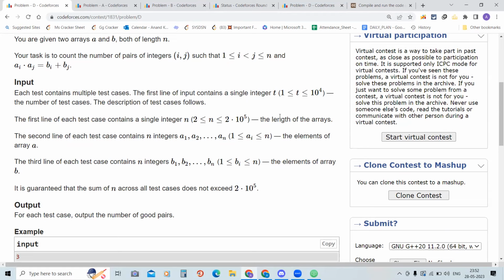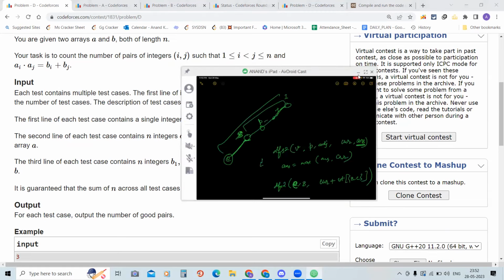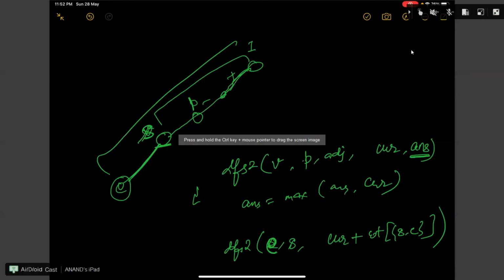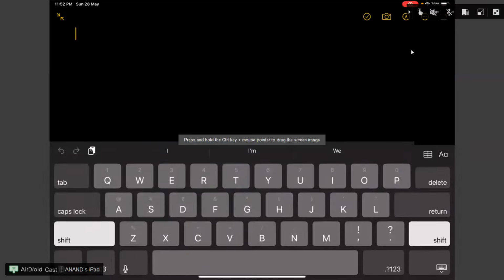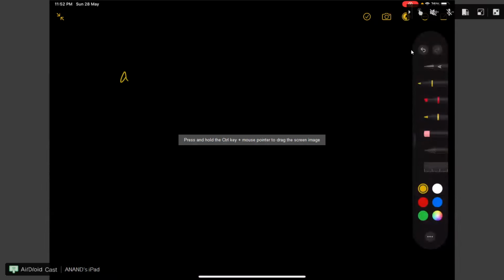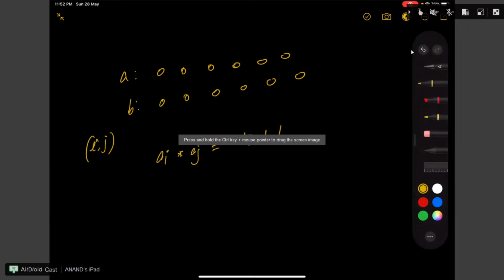Okay, so let us see how we can do this. Let me formally restate the problem. You are given two arrays A and B. You have to find the number of pairs i and j such that ai multiplied by aj should be equal to bi plus bj, right?